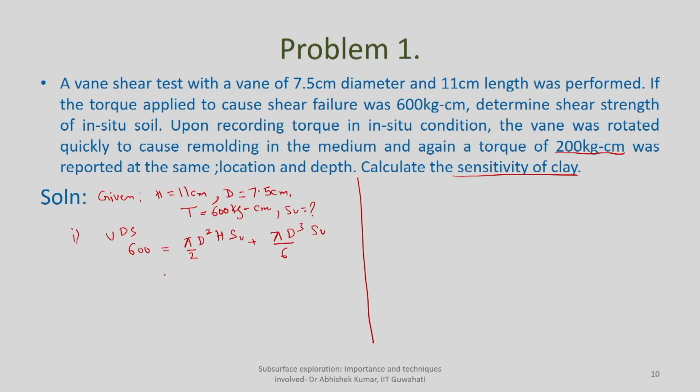Just put the values here, you will be able to understand. Pi by 2 times 7.5 square times 11 times SU plus pi by 6 times 7.5 cube times SU. Since all are given in centimeter, I am not going for any unit conversion.